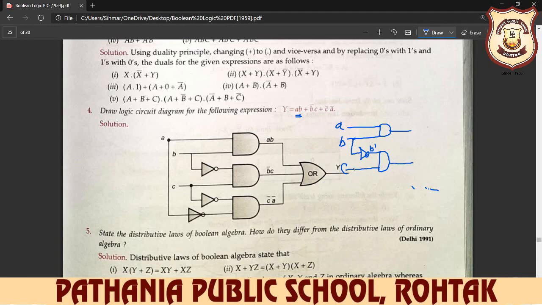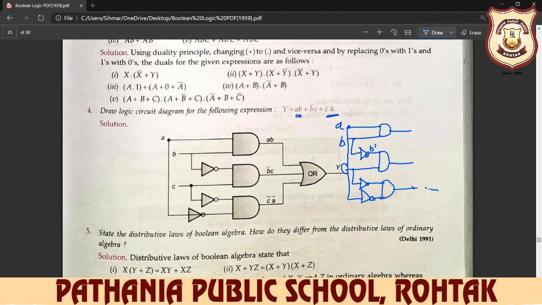So we take C from here and draw a NOT gate here. And A complement, you take A from here and you draw the complement, and for complement we need a NOT gate. And here C complement A complement, the multiplication sign is here, so you draw an AND gate here.